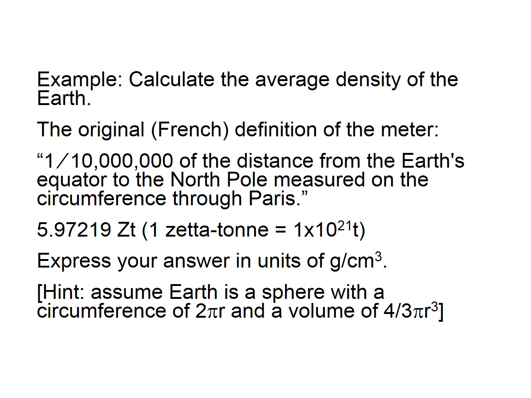So I've given you that piece of information, and I've also given you how much the Earth weighs, 5.9 something zettatons, which is a bizarre unit, but it's tons times 10 to the 21.